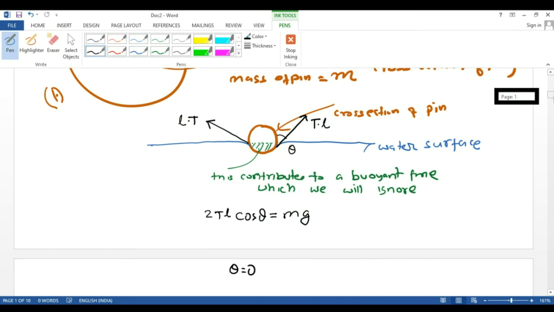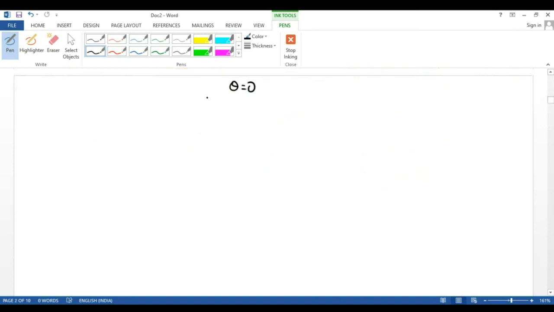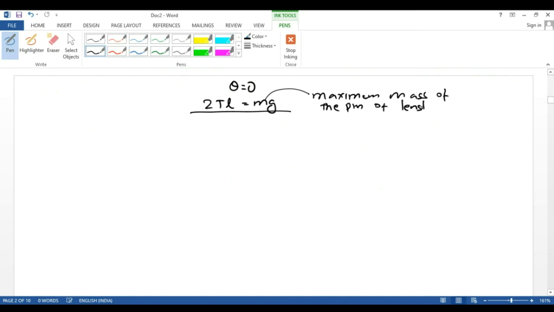That can be the minimum value of theta, in which case you simply have 2TL equal to mg. This would be the condition, or this is the maximum mass of the pin of length L which can float.